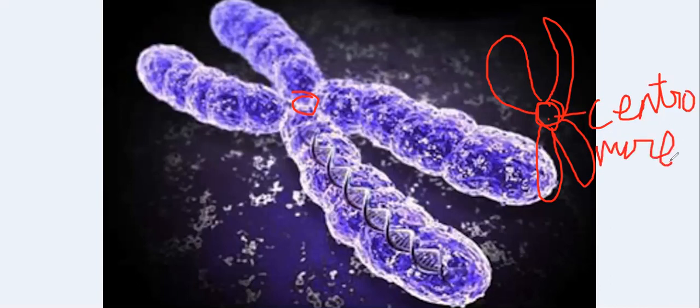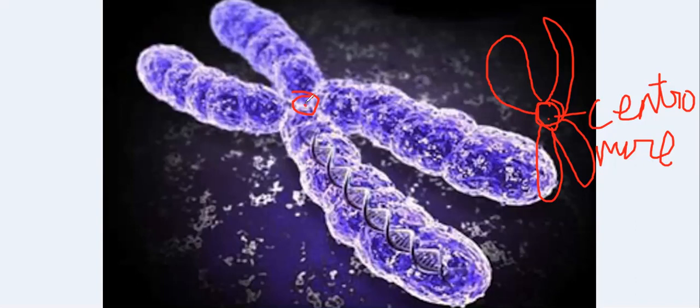It appears as a small constricted region. Each chromosome's centromere is located at a particular site.